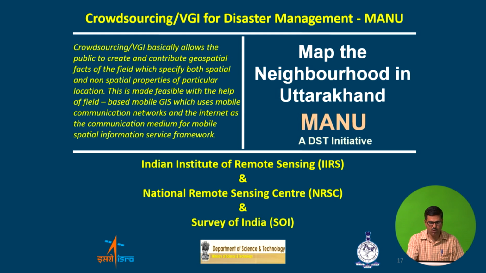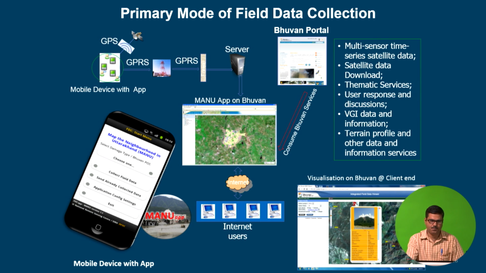Now just to tell you about this project, you must be aware of the disaster that happened in Uttarakhand in 2013. In order to find out the damage that had happened on the field, a mobile based application was developed. It was an Android based application which the user can carry on the field and use to send the geotagged damage location to our centralized server on the Bhuvan platform.